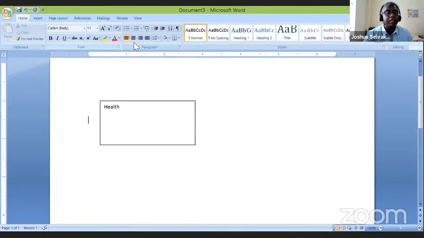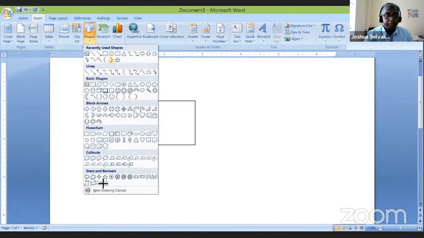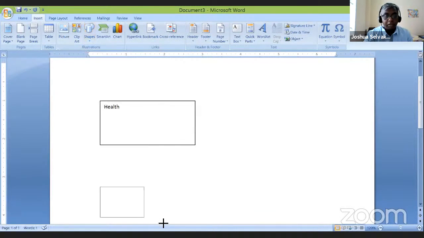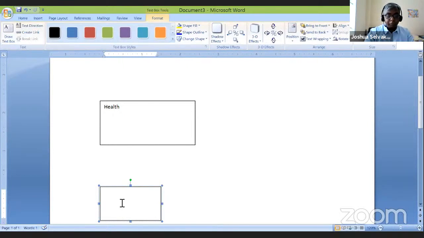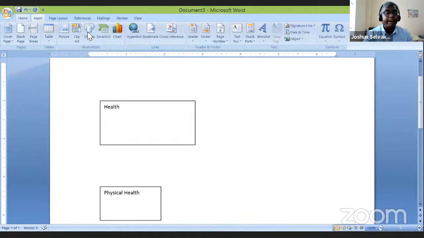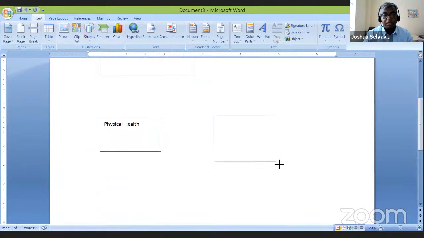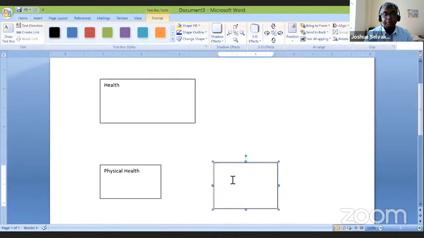Okay, let me put the sub constructs here. I'll put two more boxes. I'll put this box as physical health. Then I'll put one more box here, and I'm going to call this box mental health.